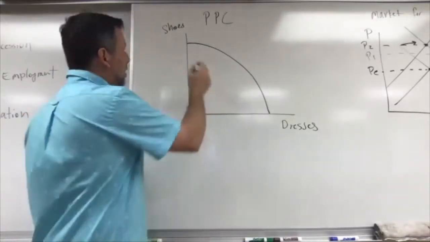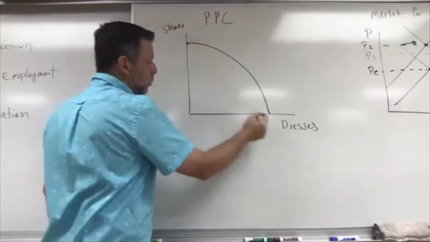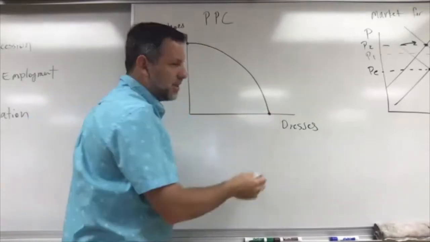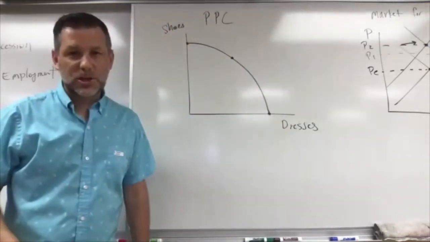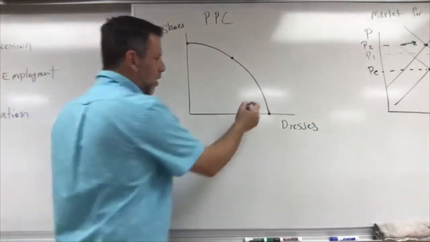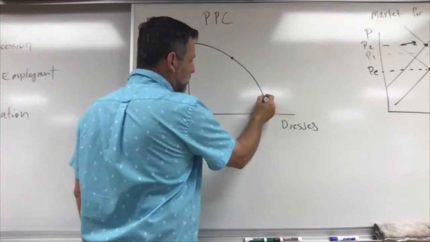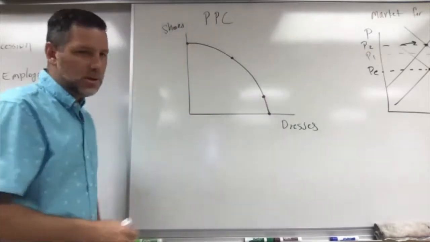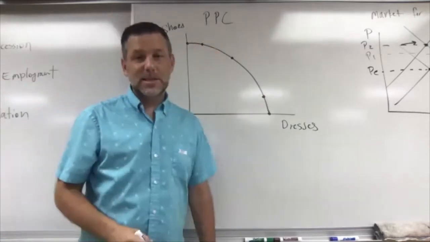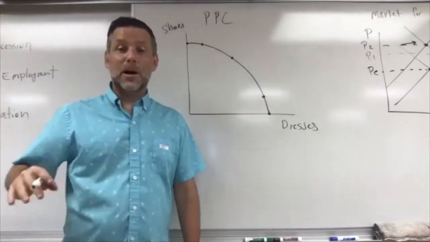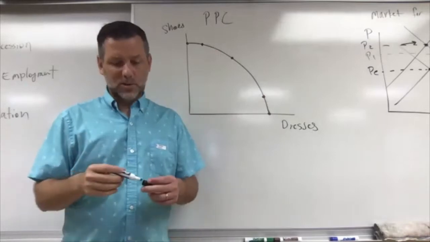So we could have all shoes, we could have all dresses, we could have 50% dresses, 50% shoes. We could have almost all dresses, but just a little bit of shoes. We could have almost all shoes, but just a little bit of dresses. Those are all the different combinations of what we can make with our resources.